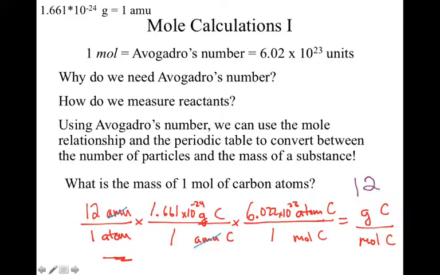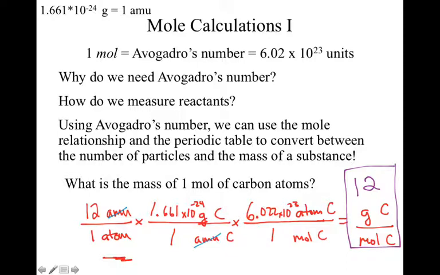12? But isn't that what you started with? It is. Guess what information your periodic table gives you? Not only does it give you your atomic mass, it gives you your molar mass. If we look at the periodic table for the molar mass of oxygen, just an oxygen atom, we see that the atomic mass is 16 AMUs.